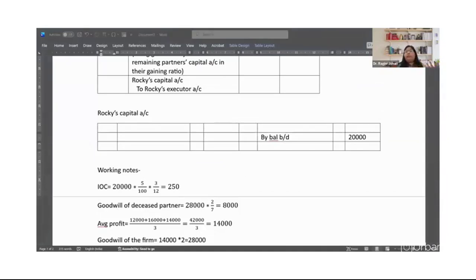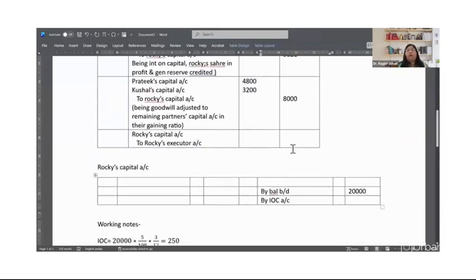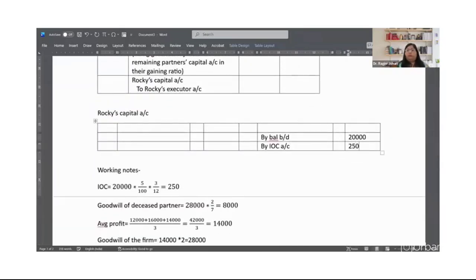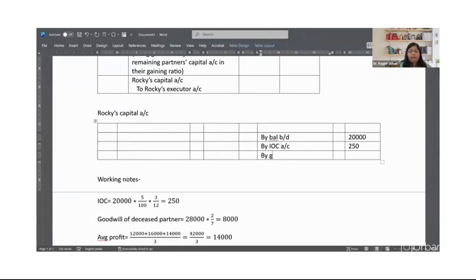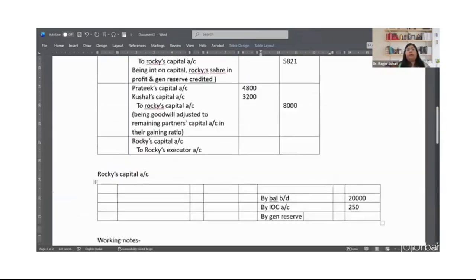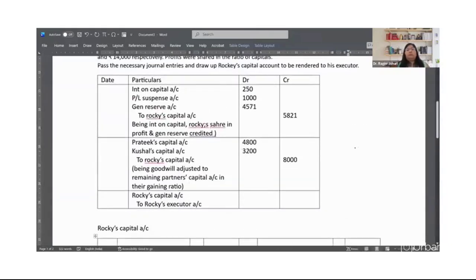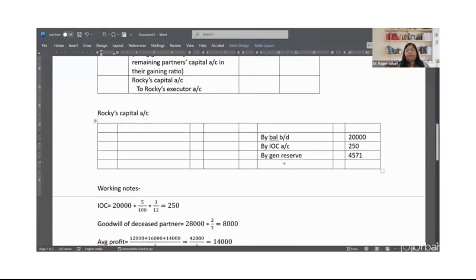The next thing would be interest on capital. By interest on capital, the amount coming in is 250. Then by general reserve, the amount coming in is 4579. Then by P&L suspense account, the amount coming in is 1,000.